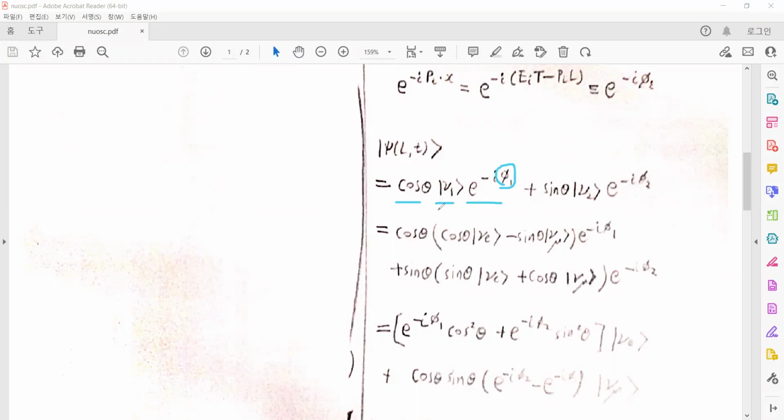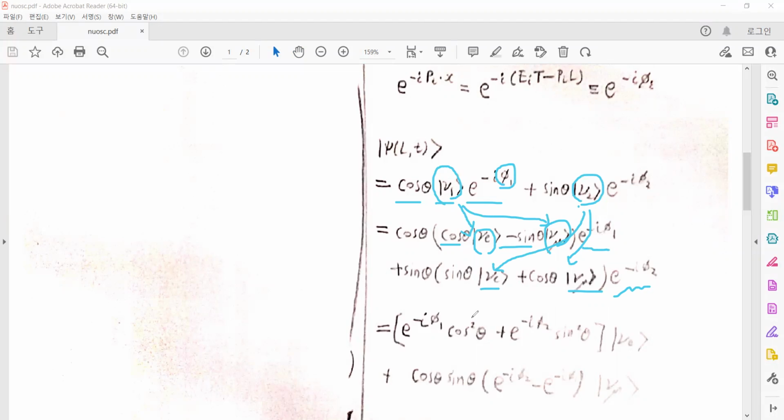And if we convert each mass eigenstate to the flavor eigenstate with the mixing matrix component again, also for the second term, nu2 becomes a linear combination of nu e and nu mu, and there are remaining phase factor terms.